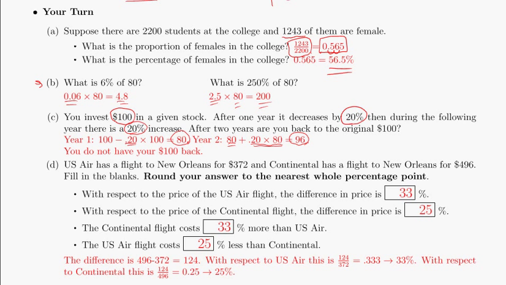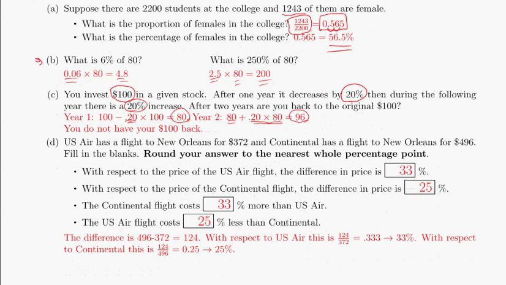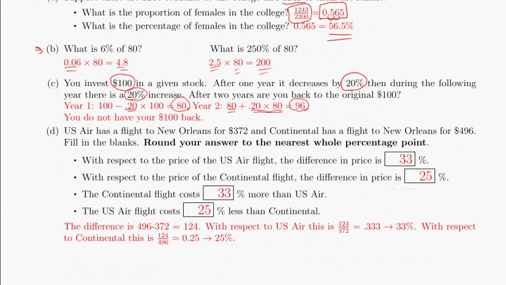Right? That's because percent changes are with respect to the original amount. And when you're looking at the percent difference between two different values, it depends which one you use as the basis, as the original value. So for example, we have US Air, and they have a flight for $372, and Continental has a flight that costs $496.